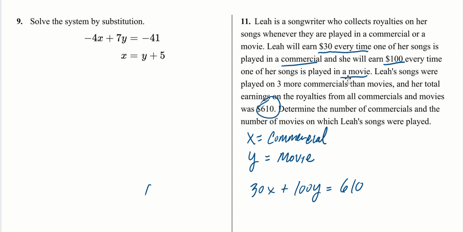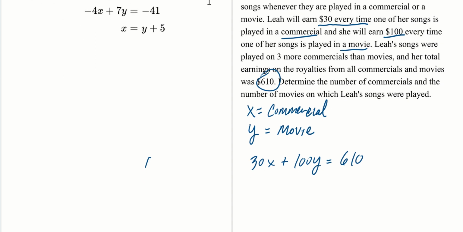Now it also tells me that her songs were played on 3 more commercials than movies. So the number of movies was 3 less than the number of commercials. So I can just do y equals x minus 3. So it's commercials minus 3 would be the number of movies.